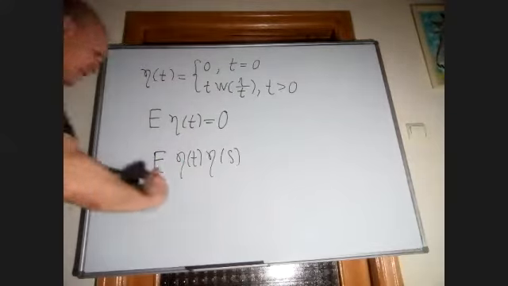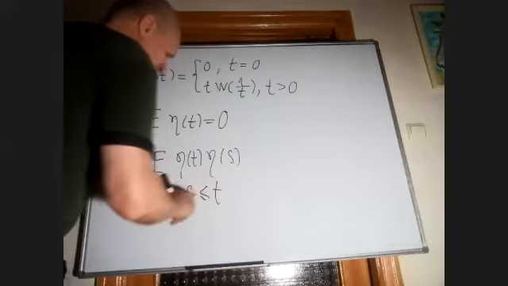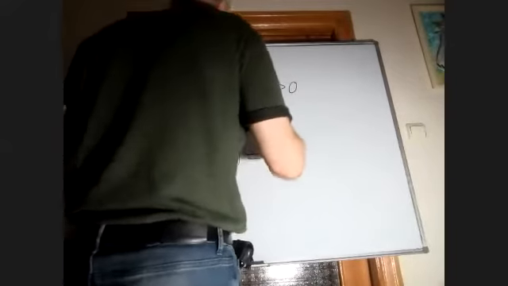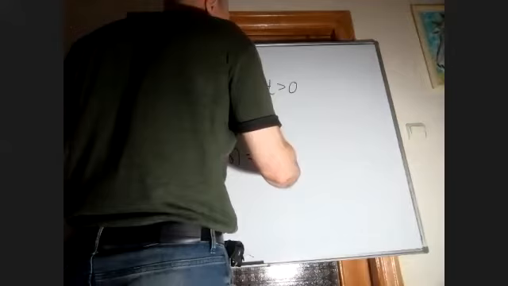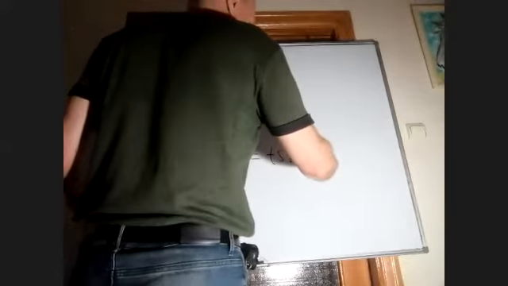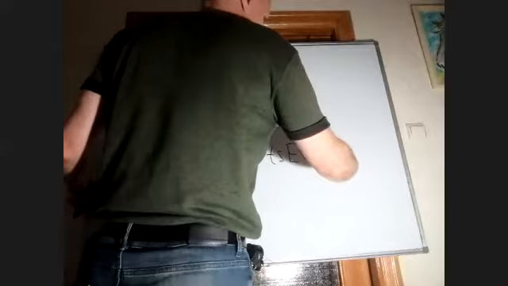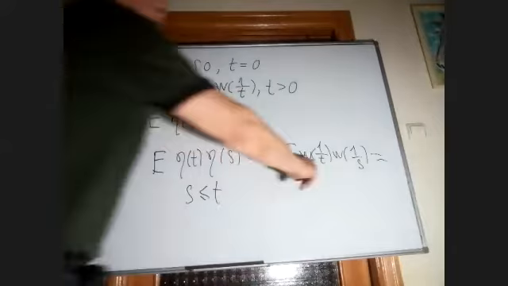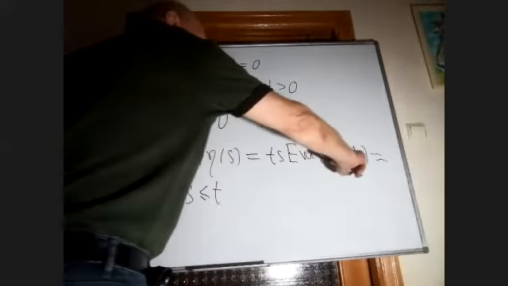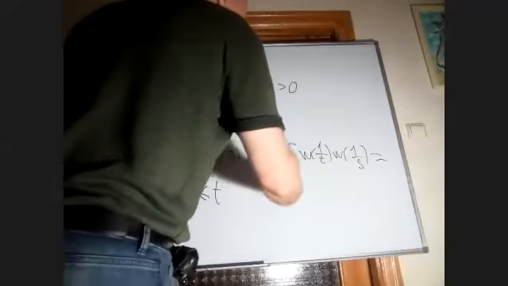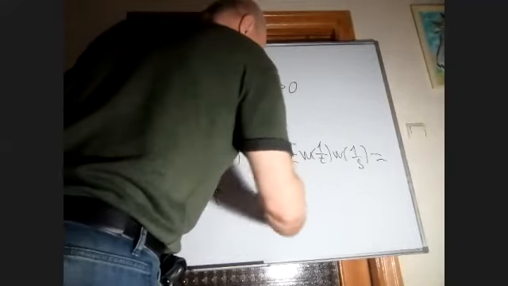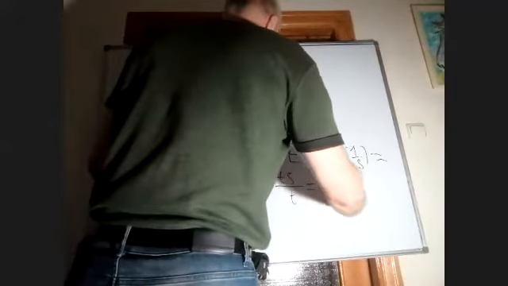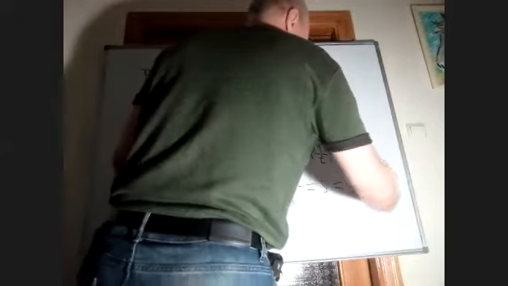To be more precise, I will assume that the inequality s is less or equal than t holds. Then it is equal to ts times the expectation of W(1/t) W(1/s), and we know now that 1/t is less or equal than 1/s, so it is equal to ts multiplied by 1/t, which is s, the minimum of s and t.